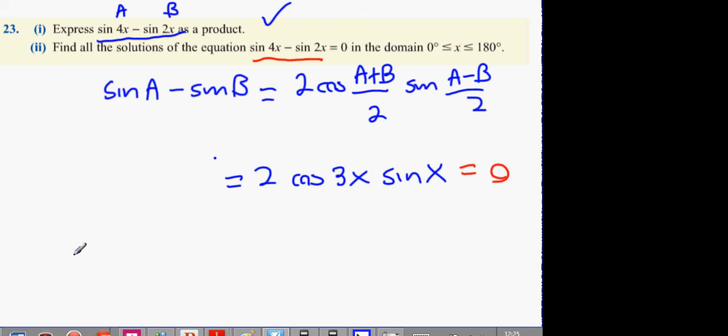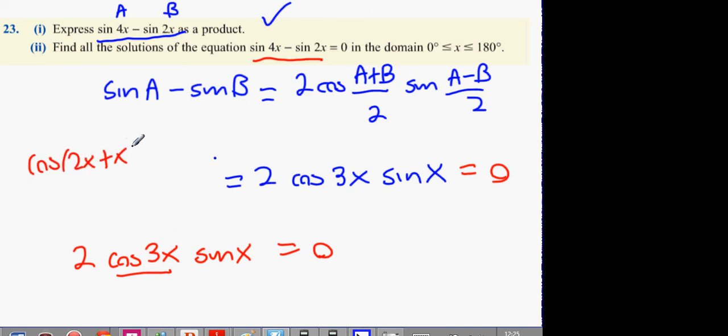It's basically the same thing as this thing being equal to 0. Now, my problem here is, what are my options for cos 3x? If I look in the tables, I could do cos of 2x plus x. But the problem with this is, it's going to get me a big massive sequence, isn't it?